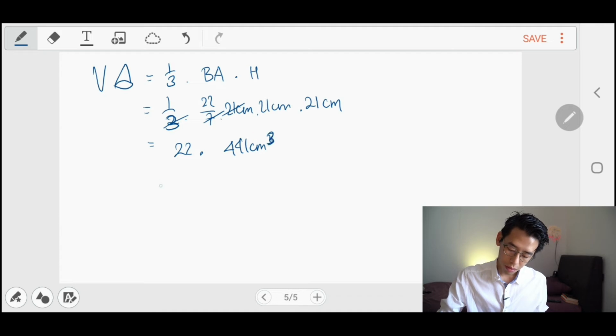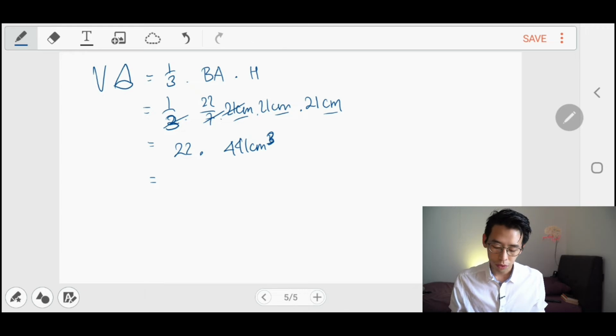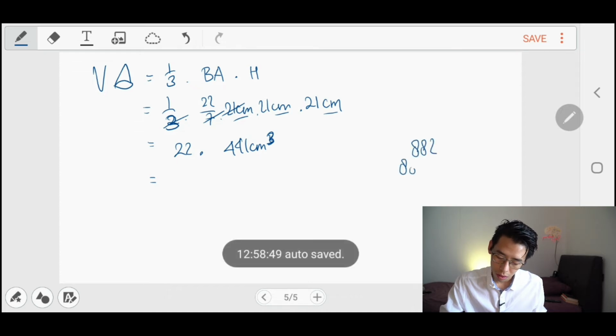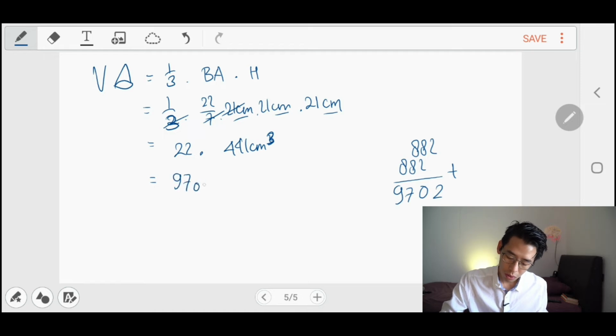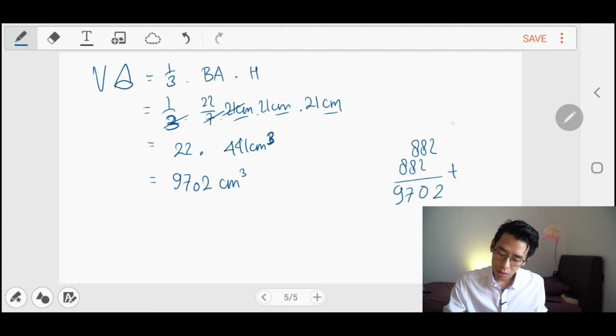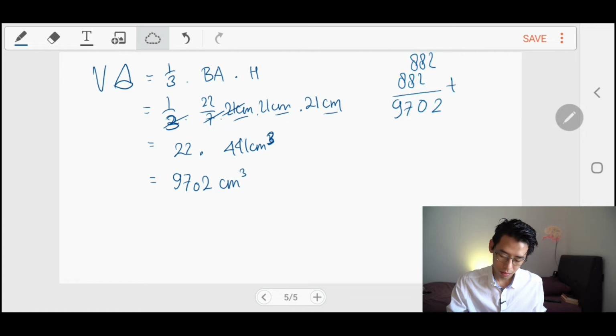Yeah, it's cubed because there are 3 centimeters. So 22 times 441 equals 9702 centimeter to the power of 3. Okay, so let me get rid of this. We might be able to use it again.